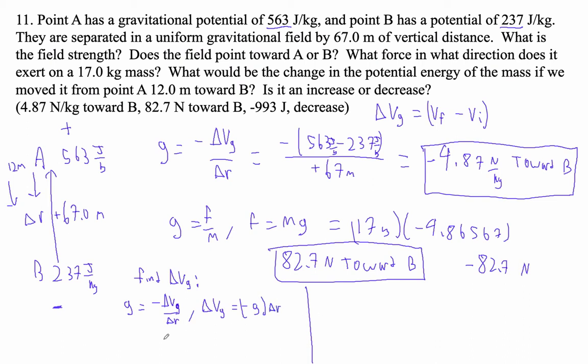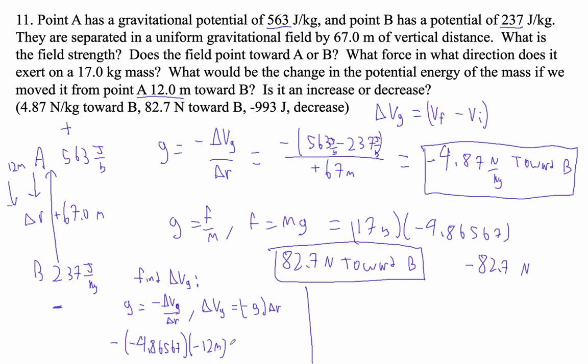So that's going to be the opposite of negative 4.86567, times, and then we're going to go down 12 meters. Too many minus signs. So this minus sign is the minus sign in the formula. This minus sign indicates that the gravitational field is down when I made up positive. This minus sign is because the 12 meters is down. We're heading toward B, which is the negative direction.